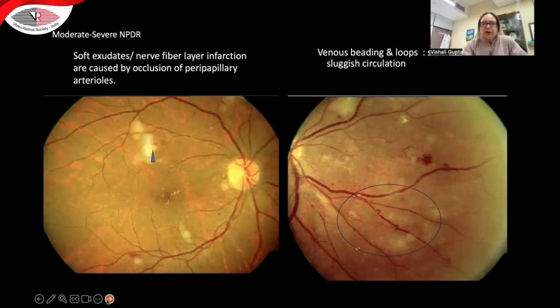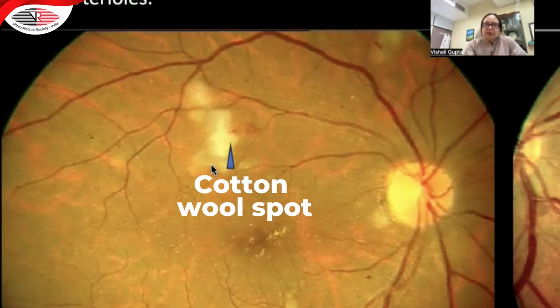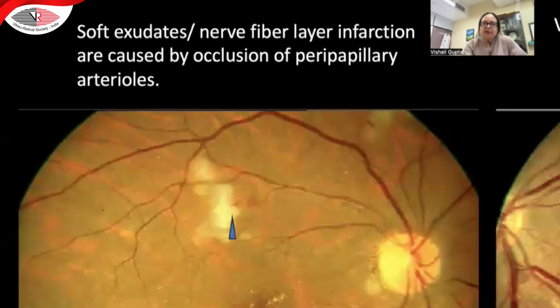Now we come back to our non-proliferative disease. As it progresses, you start seeing more and more changes of ischemia. In the figure on the left, you see an arrowhead that indicates a cotton wool spot. A cotton wool spot is actually a nerve fiber layer infarct, which means ischemia is progressing.